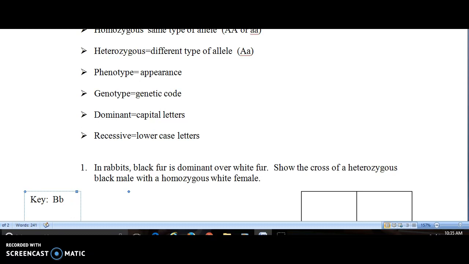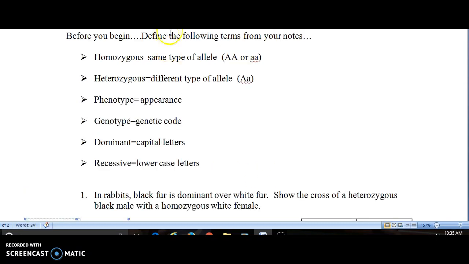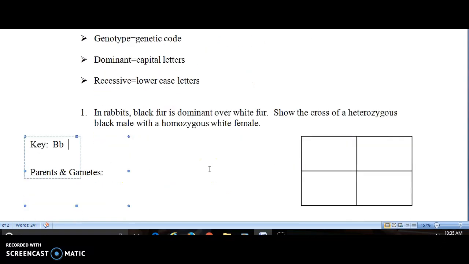Now the other parent is the homozygous white female. Homozygous means that you have the same kind of code, okay? Now it's white. White is the recessive trait, so we would have lowercase letters. So let's use lowercase letters to represent the female.